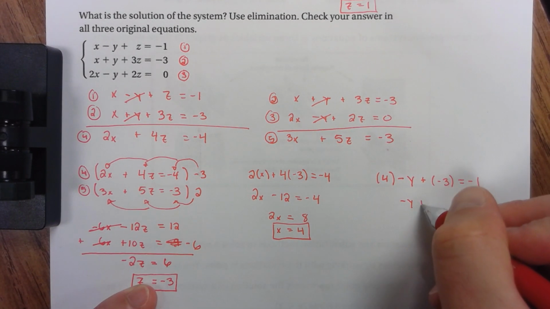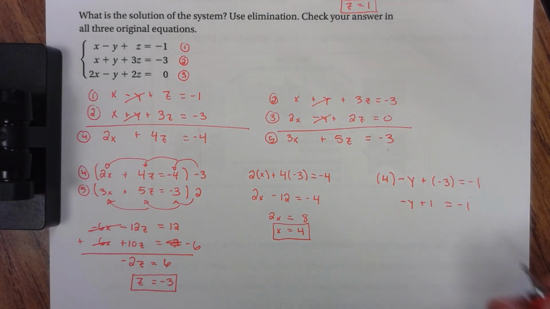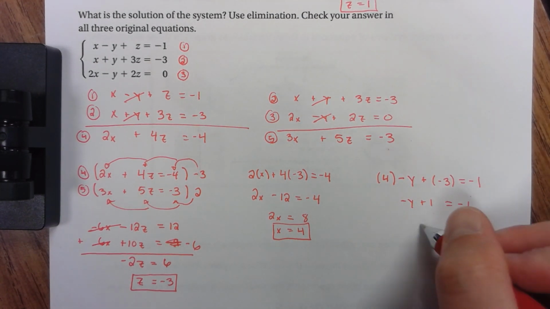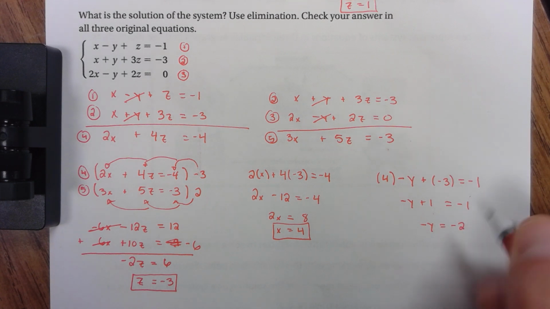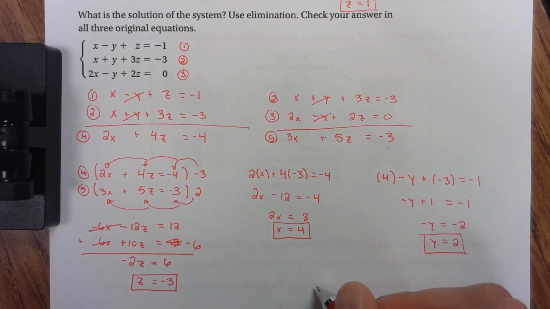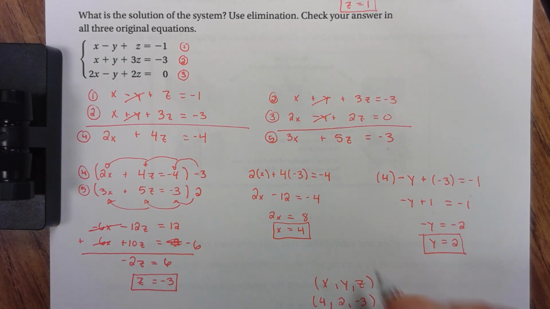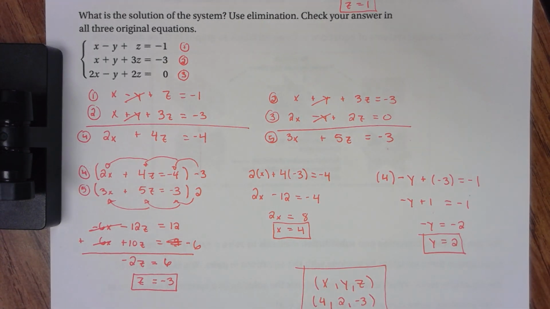So negative y plus 1 equals negative 1. Then minus 1. So negative y equals negative 2. And thus y is 2. And again, our solution, the point where all three of these planes intersect, is 4, 2, and negative 3. X, Y, Z.